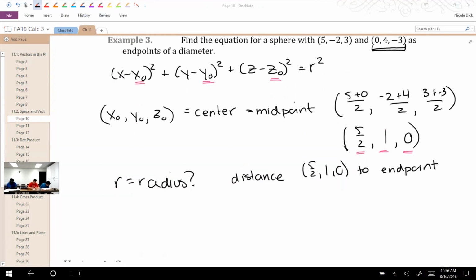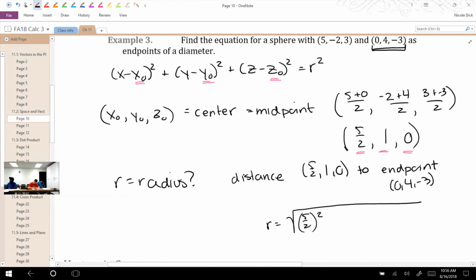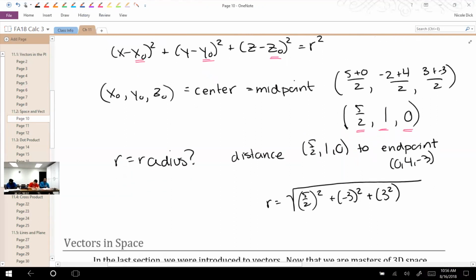So distance from our midpoint we just found is 0, 4, -3. We'll get the square root of 5 halves minus 0, so 5 halves squared, 1 minus 4, so -3 squared, and 0 minus -3, so 3 squared. So what does that give us? We've got 25 over 4 plus 9 plus 9.